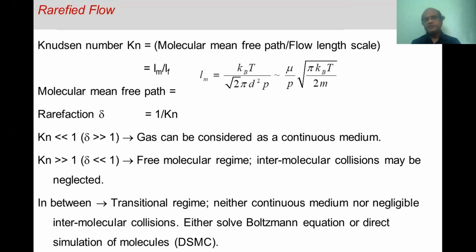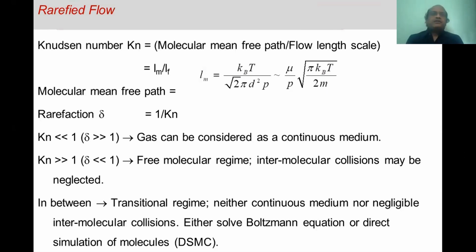The molecular mean free path, as all of you know, is the average distance traveled by molecules between subsequent collisions, and flow length scale is the characteristic size of the flow domain. For example, diameter of a pipe or width of a crack, size of a room, and so on.